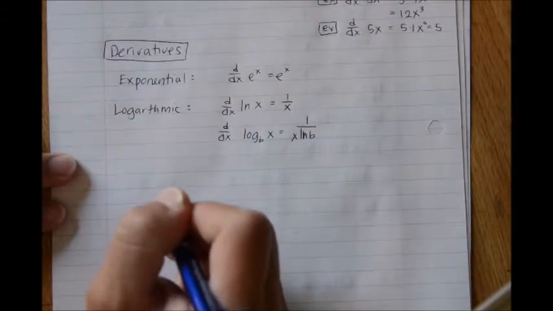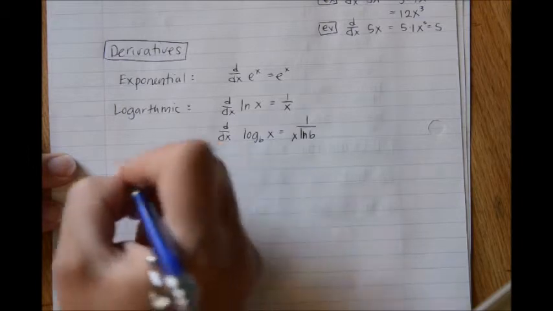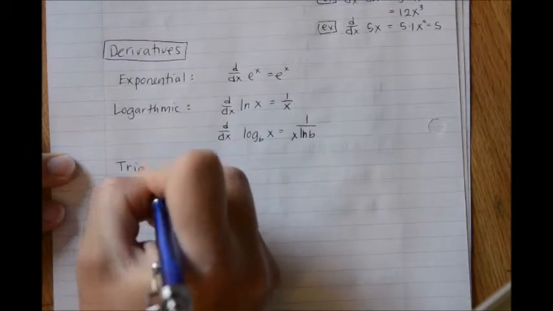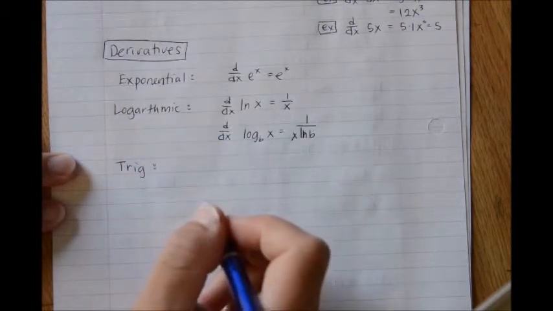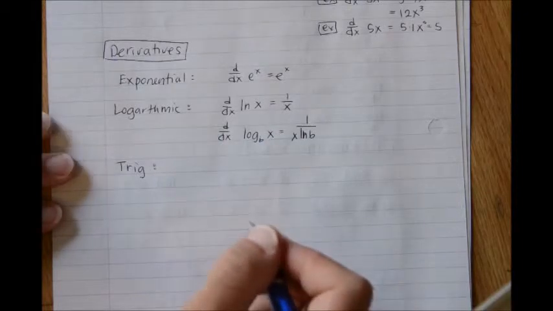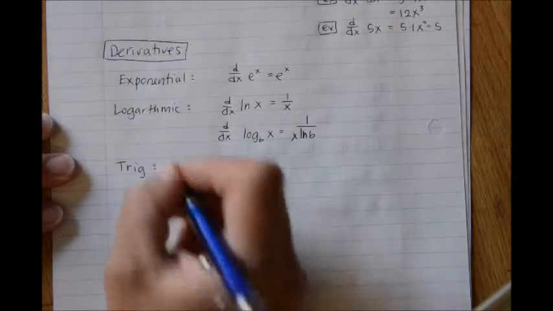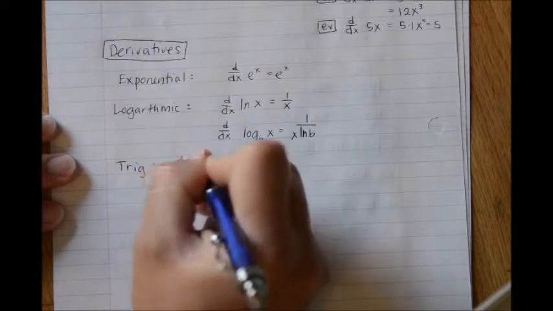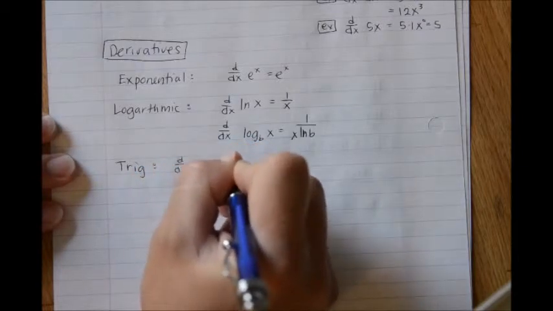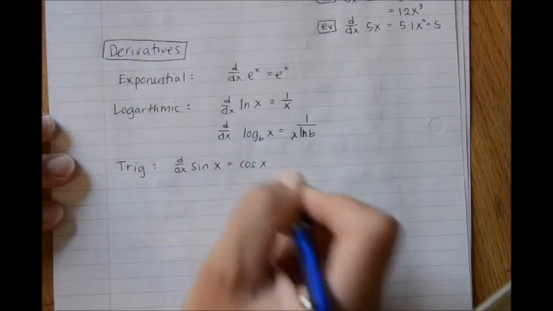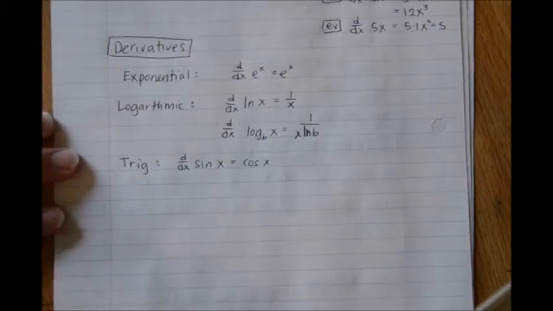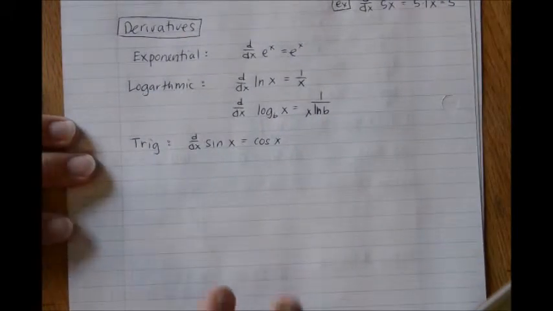So the next thing is trigonometric functions. Trig functions also are memorization. The derivative of sine of x is equal to the cosine of x. It's interesting that the derivative of sine is cosine.